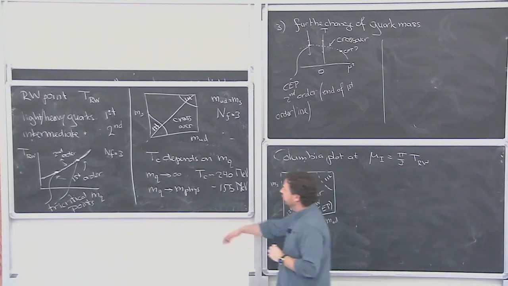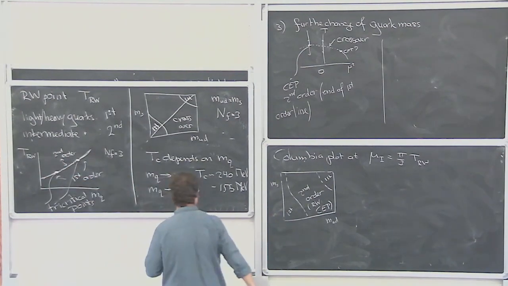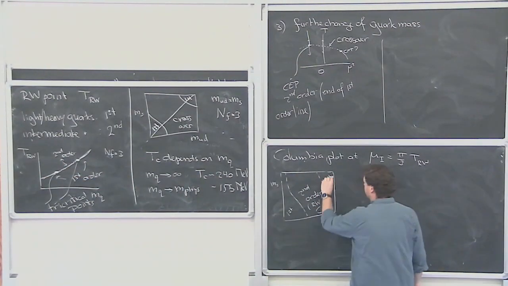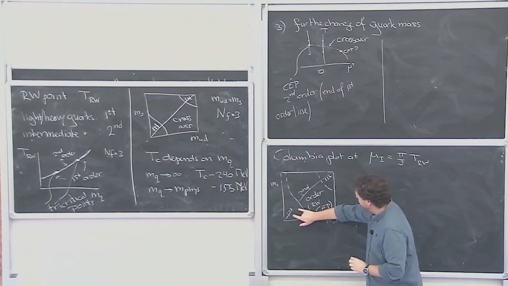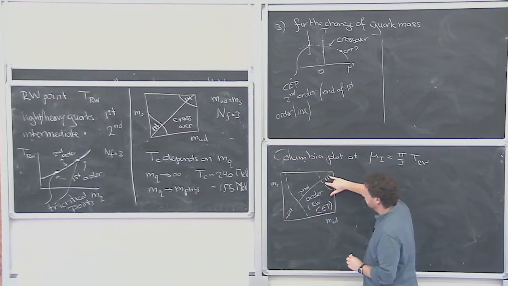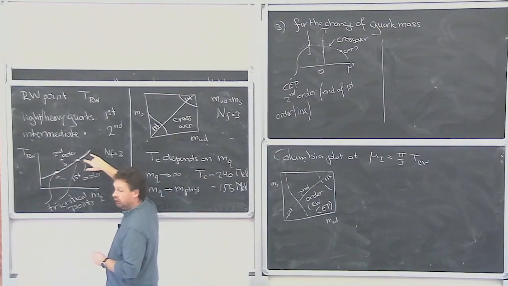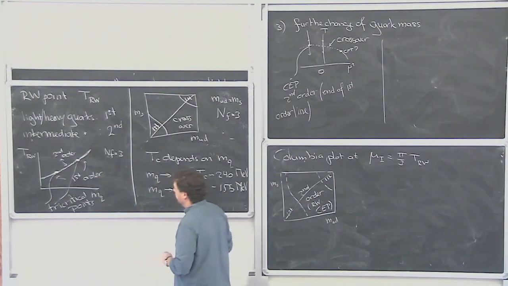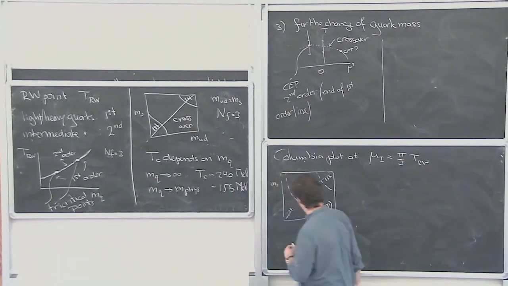And what this plot shows here is the actual temperature of the Roberge-Weiss point for the 3-flavor case. Essentially on this diagonal line, we have first order, second order, first order, which is exactly this region here. And where the first and the second order meet, there is a tricritical point.